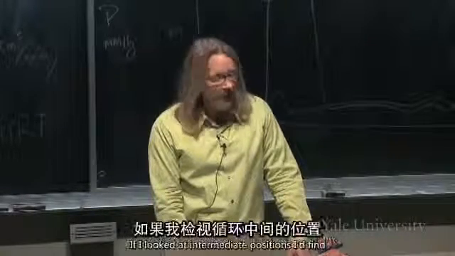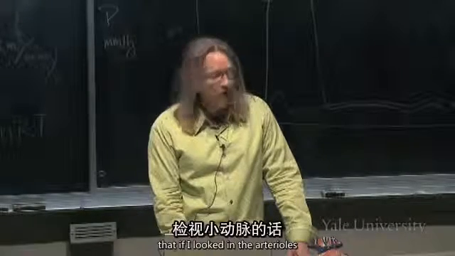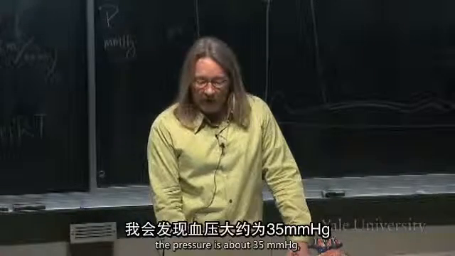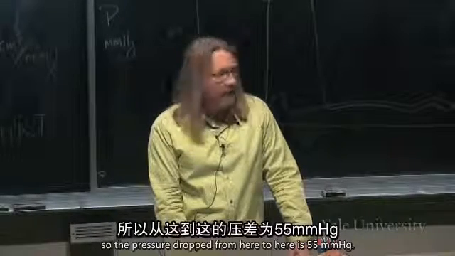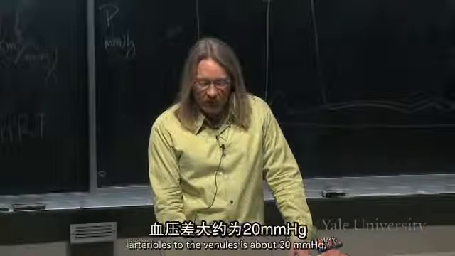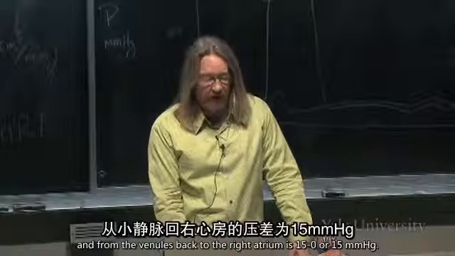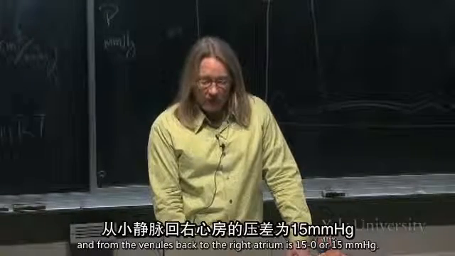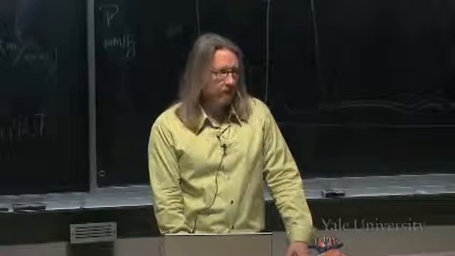And if I looked at intermediate positions, I'd find that in the arterioles, the pressure is about 35 millimeters of mercury, so the pressure drop from here to here is 55 millimeters of mercury. The pressure drop from the arterioles to the venules is about 20 millimeters of mercury, and from the venules back to the right atrium is 15 minus 0, or 15 millimeters of mercury.